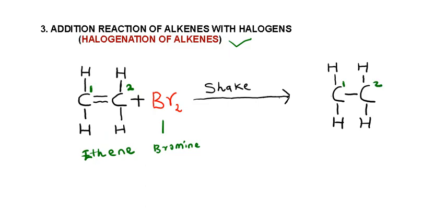Now, the single bond that is remaining will allow carbon number 1 and carbon number 2 to bond with atoms of another element, which is bromine. So this bromine will split apart and be bonded to carbon number 1 and carbon number 2.